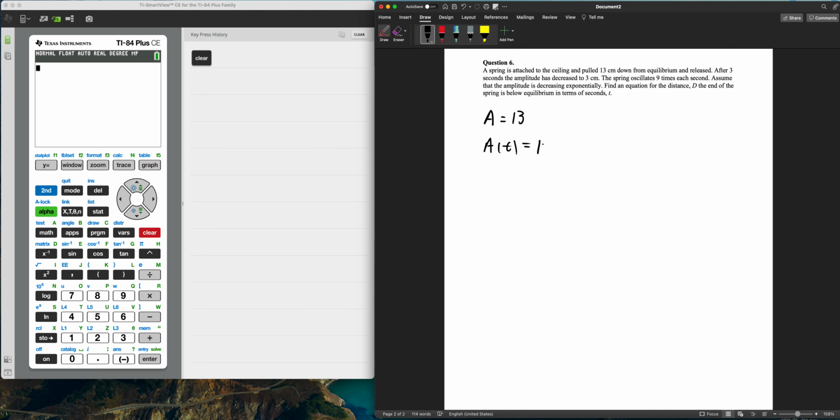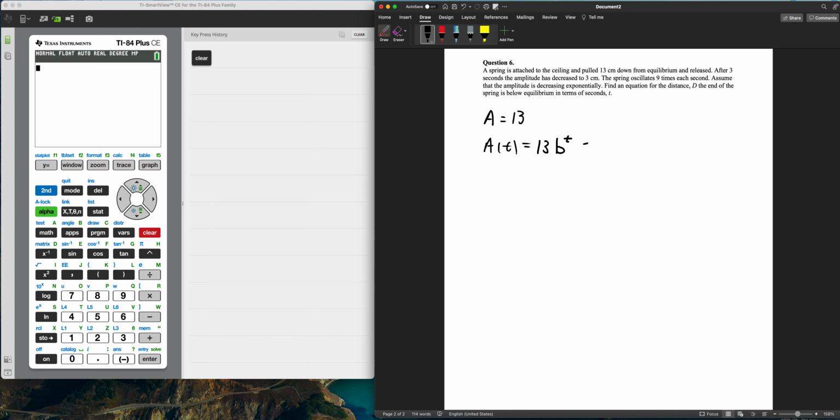So we know 13 is the initial value, and we know that there's going to be some coefficient, let's say b to the t, where b is some non-negative, non-zero value that we need to solve for.